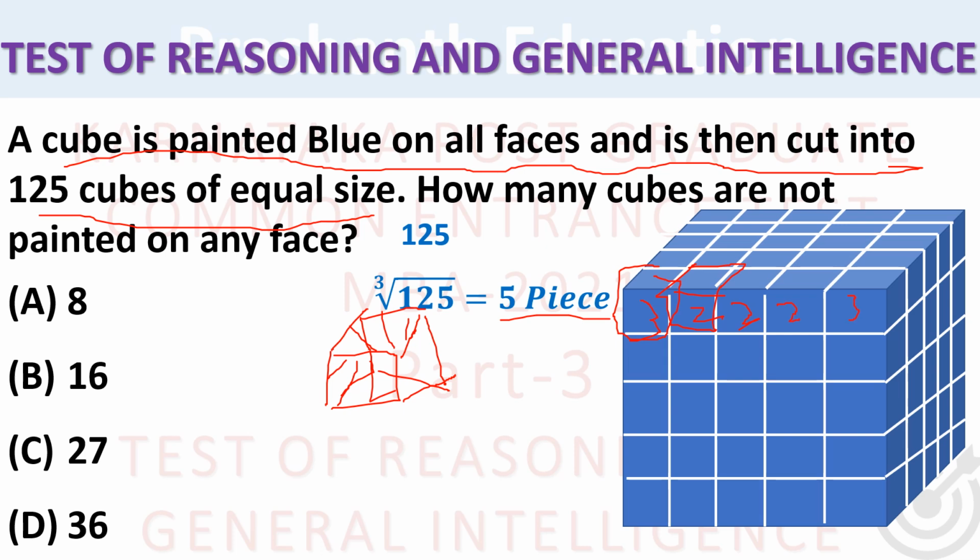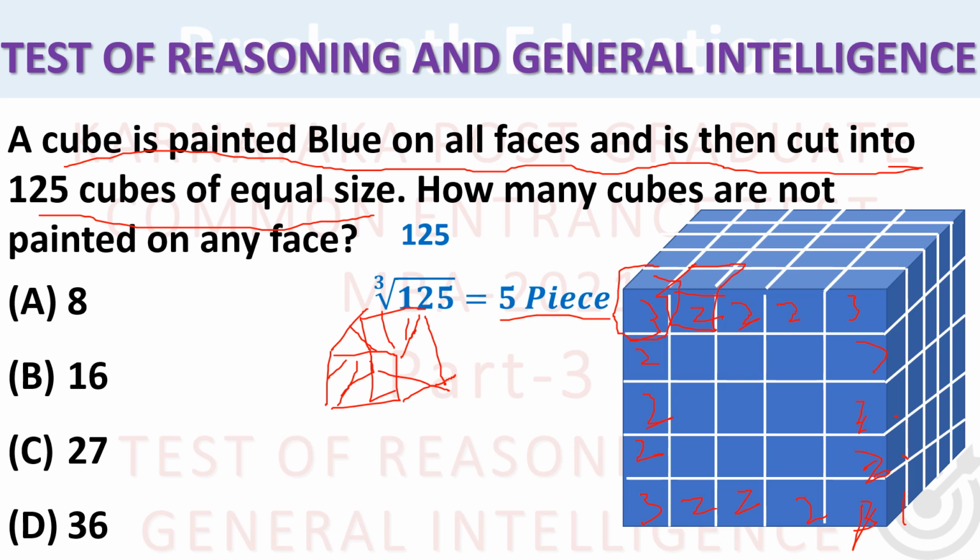Here three sides are painted. Now once we come here again, not three, only two faces are painted. Again here it will be three faces. Again it will be two, two, two faces painted, and here three faces will be painted. One, two, and the bottom one three. So the inner one will not be painted. Similarly here it will be two, one and two sides, two, one and two sides, two, one and two sides.